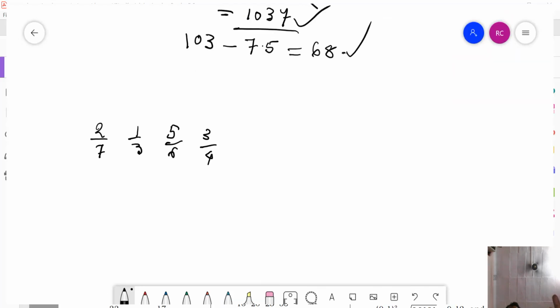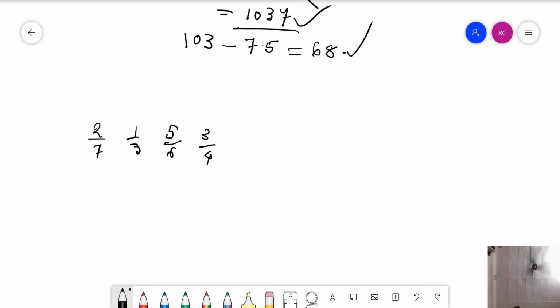Okay, how do we do it? We have to find the greatest. So this is clearly 75%, so this is pretty high. These two are pretty low. This is 66%. This is 75%.